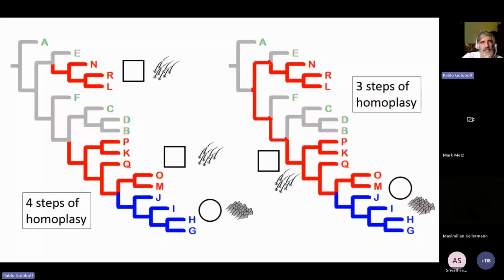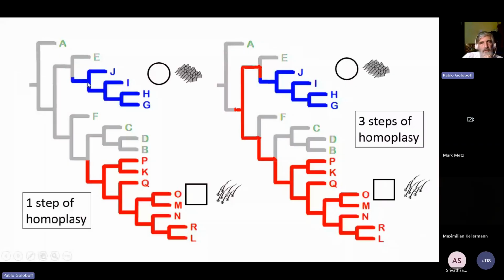If the tails that originate separately are all different, this one is red, rounded, and scaly, and this one is red, squared, and hairy, this has only 1 step of homoplasy. Where is that homoplasy? Now, I don't know if I'm going to get 150 people saying, in the tail, but that's where the homoplasy is, right?